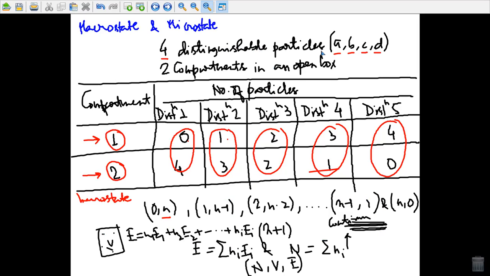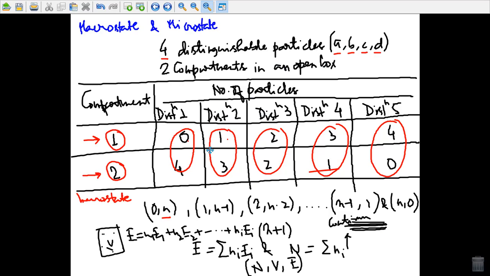So let the particles be A, B, C, and D. When any particle is thrown into the box, it will fall into one of the two compartments, right? So since the compartments are alike, the particles have the same a priori probability of going into either of them, and it will be half.